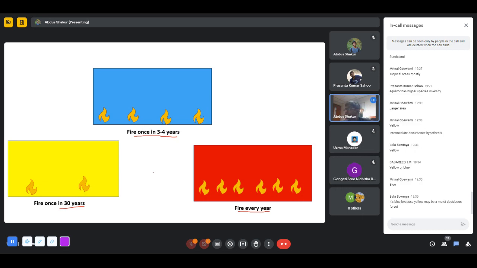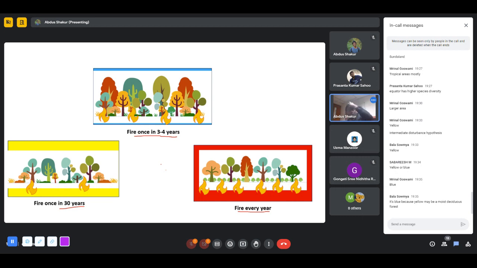So the thing that you will see here is that a forest that has fires intermediately, in this example once in every 3 to 4 years, tends to have higher species richness of whatever taxa, plants mostly in this example.